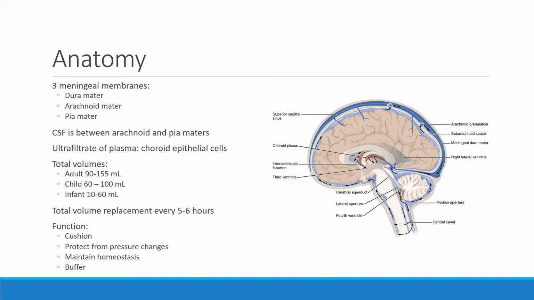Its major function in those spaces is to circulate through that space, bathe the tissues that are there, and provide some mechanical structure to it so that they prevent the brain and the spinal cord from sort of knocking around in their compartment.